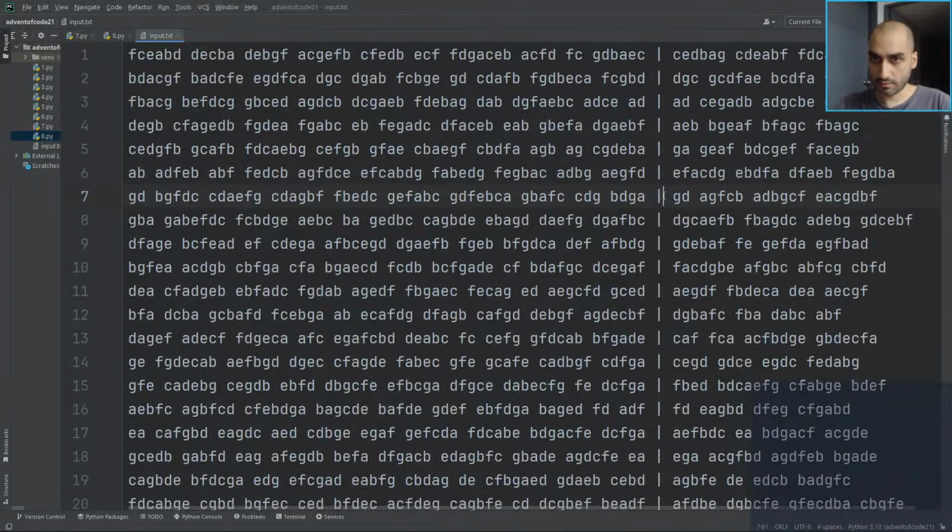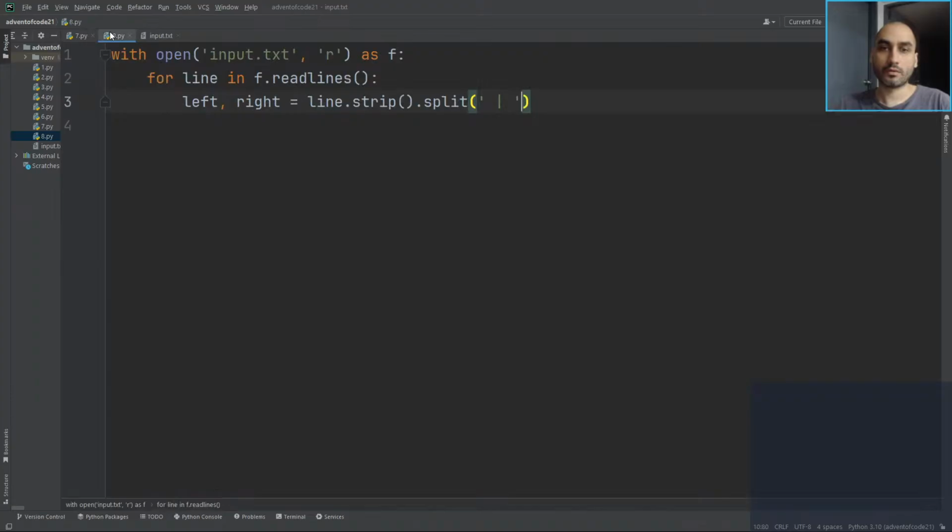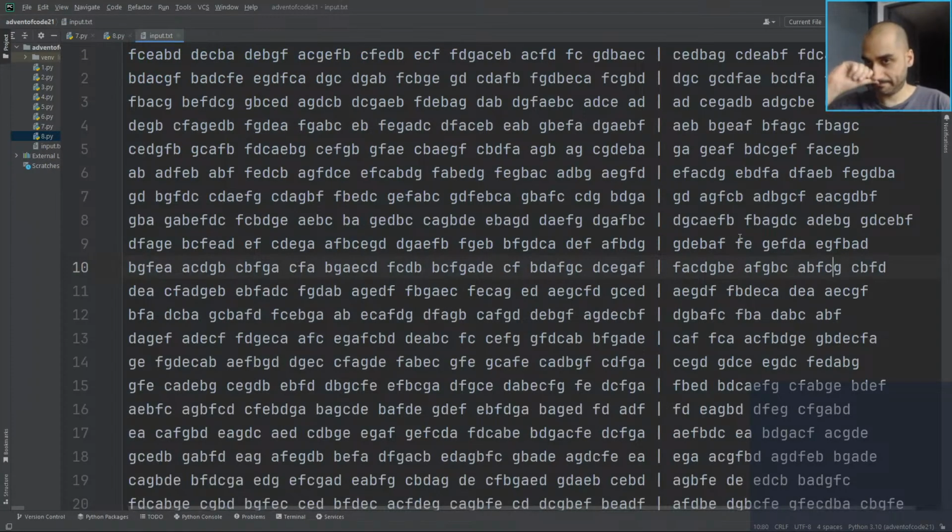Is that 1 space here? So right equals, let's just split it into the 4 tokens.